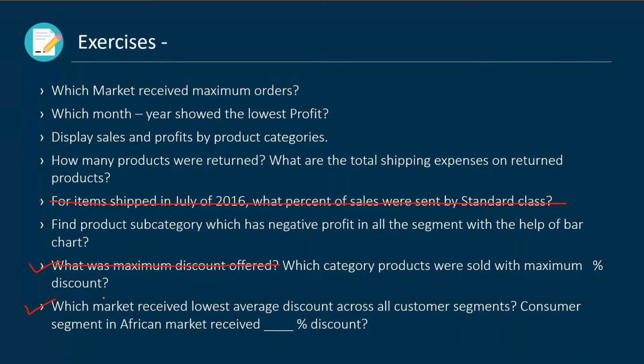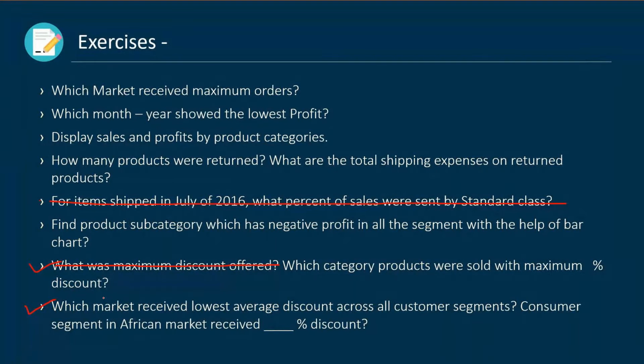It is always average. Then it's furniture. Zero point one seven, furniture. It's maximum. Furniture is the right answer. Correct.